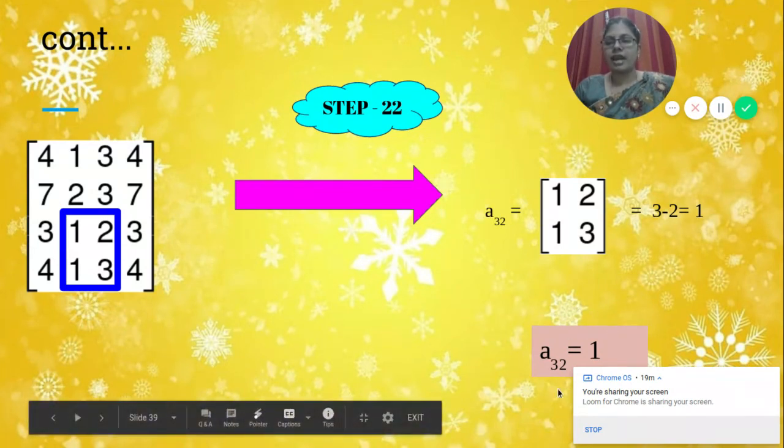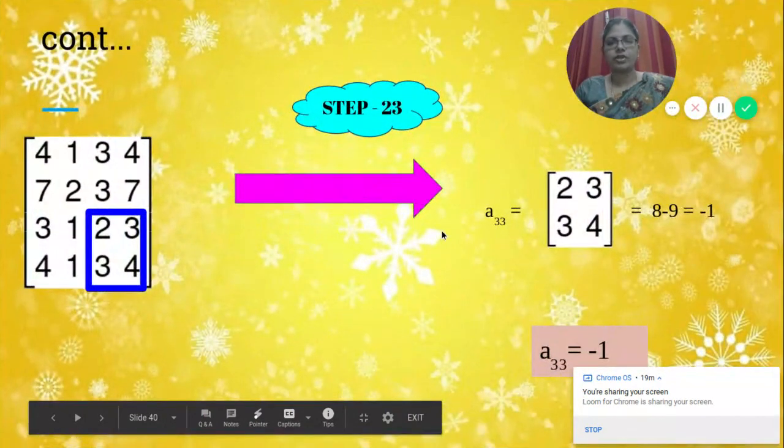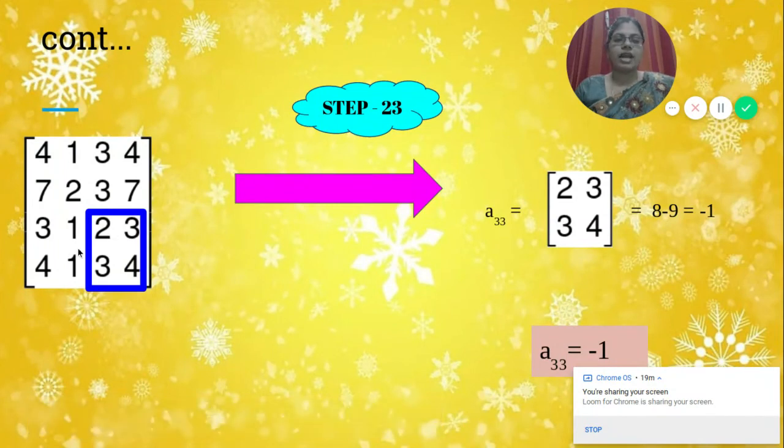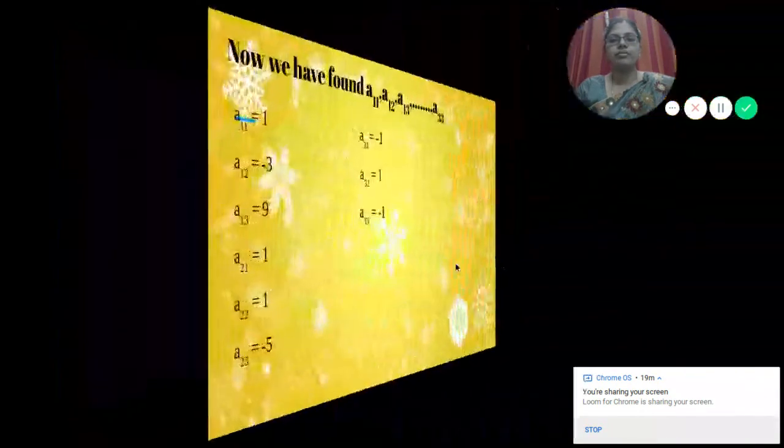So my A32 is equal to 1. To find my last element, that is A33, I have taken this 2 cross 2 matrix 2, 3, 3, 4. 4 2s are 8 minus 3 3s are 9, that is equal to minus 1. So A33 is equal to minus 1.